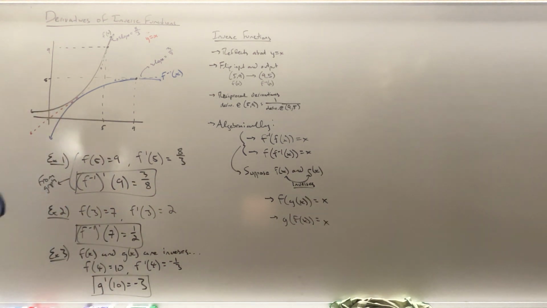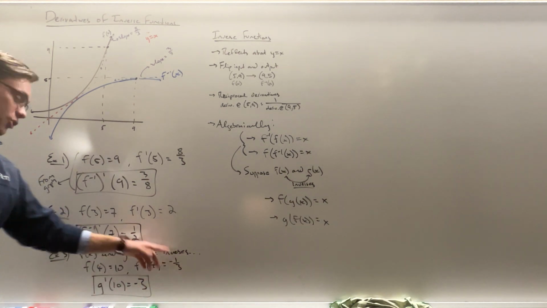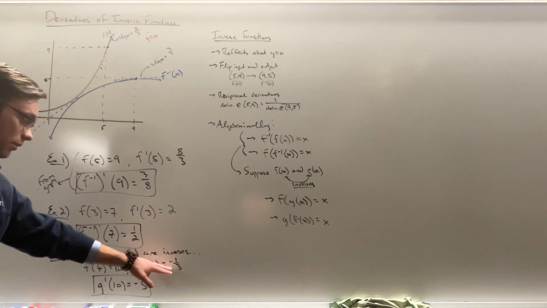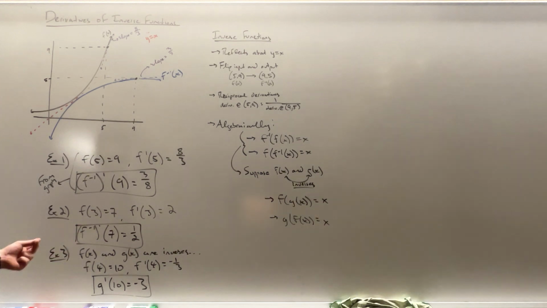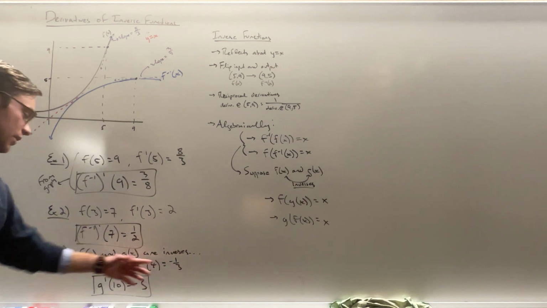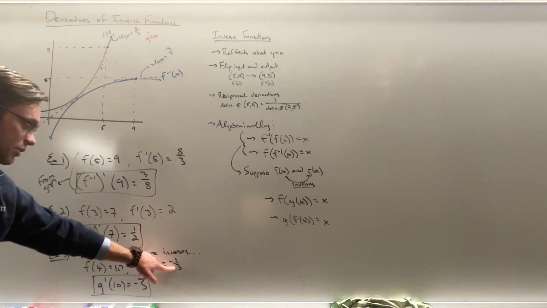So a few interesting results from that, and hopefully we can see the logic here. f of 4 maps to 10. We know the derivative at 4 is negative 1/3. So on the inverse function, if you look at 10, then its derivative should be the reciprocal of that. I'm going to say that one more time. If on the original function f of 4 equals 10, and the derivative there is negative 1/3, then on the inverse function, at the point 10, the derivative should be the reciprocal of this.